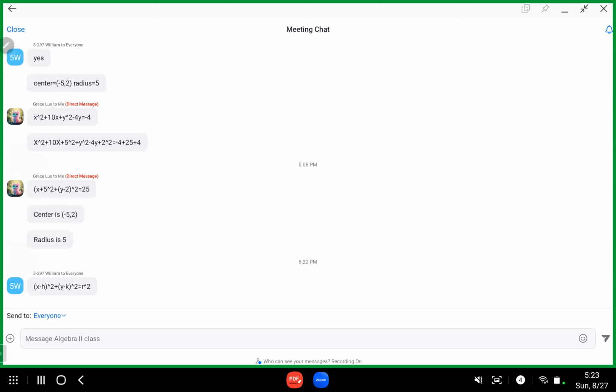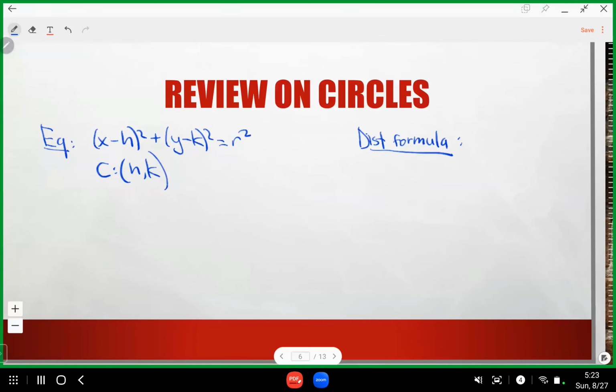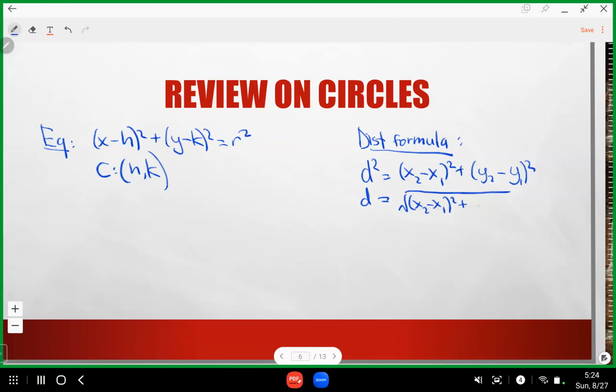So the distance formula is d squared equals (x2 minus x1) squared plus (y2 minus y1) squared. So then d is equal to the square root of (x2 minus x1) squared plus (y2 minus y1) squared.